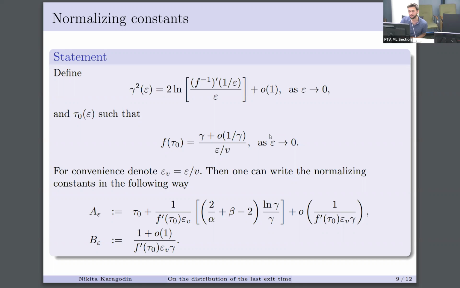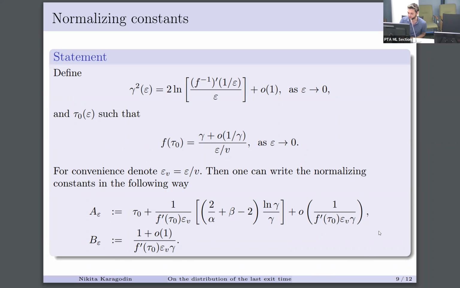Under these assumptions, you can define a few constants. Gamma is defined via the inverse function of f as follows, and you can define tau. Tau is also defined by the inverse function of f, and there is an explicit formula when you use the inverse function of f for A epsilon and B epsilon.